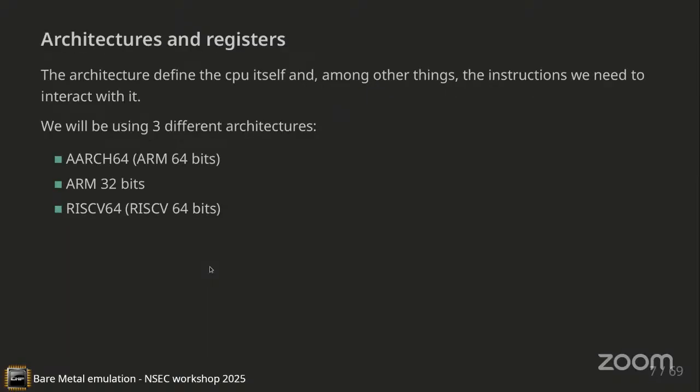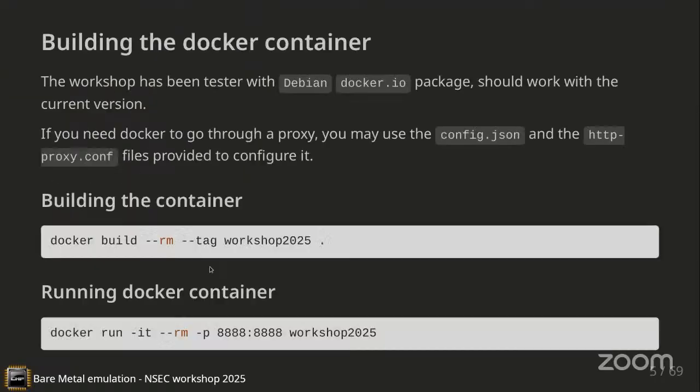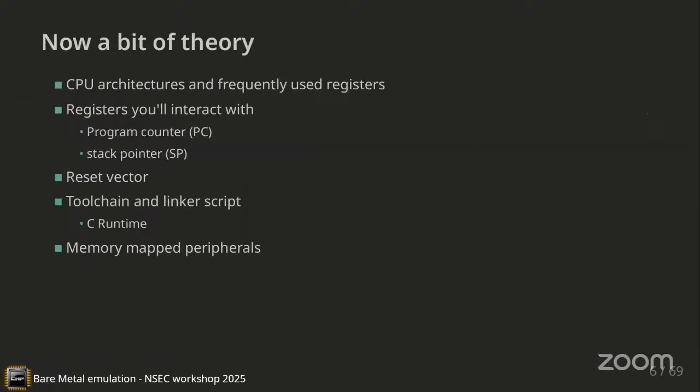All right, so we move on to the theory. We'll see CPU architecture, and we'll work with three different ones. We'll look at the most important CPU registers for our work here. We'll work with the program counter, which is also called the instruction pointer. It's a CPU register that contains the address of the next instruction to be executed. We'll also work with the stack pointer.